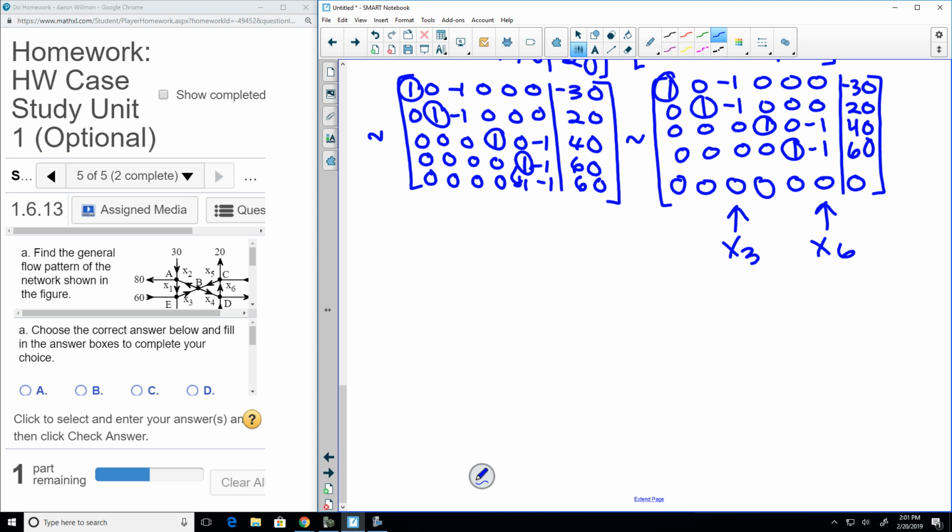We're going to write the solution in terms of those free variables. So X1 is X3 minus 30. X2 is X3 plus 20.